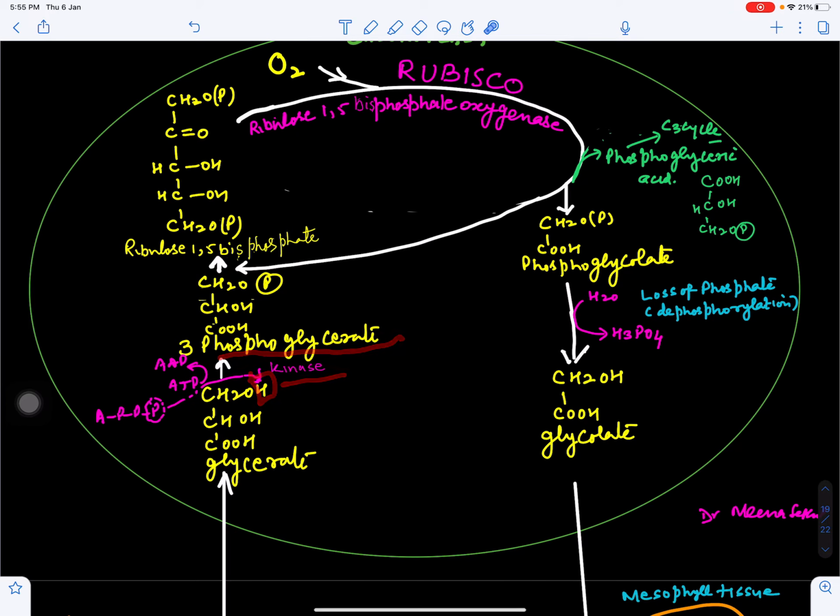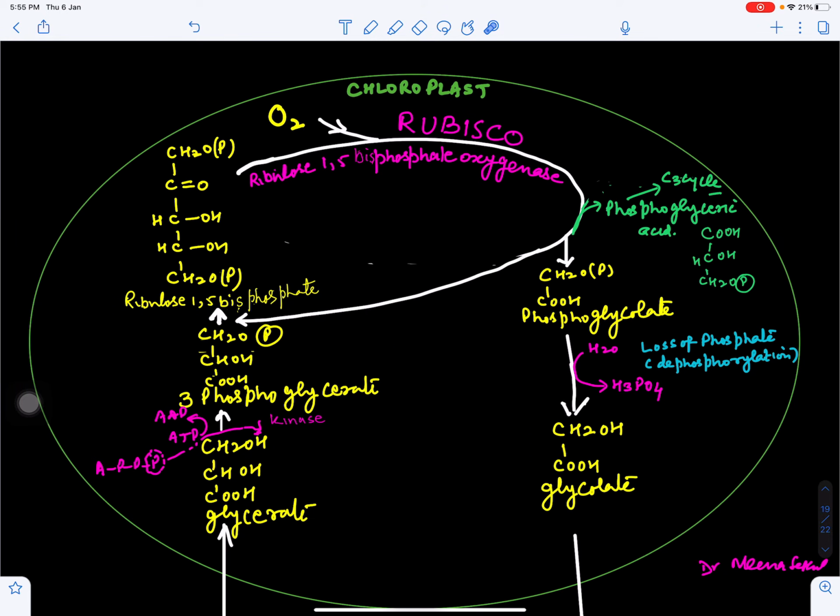Now this 3-phosphoglycerate will get changed to ribulose 1,5-bisphosphate.